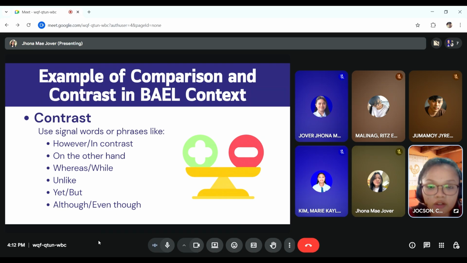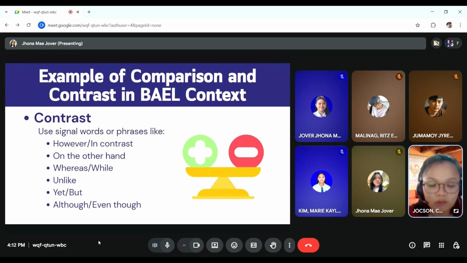So actually for both paragraphs there, it's just one example on how we are able to show the organizational method. So if you're just plainly going to write an essay with regards to the comparing and contrasting of spoken or written language, or just any other topics in the BAEL program, I mean, you can map out a certain paragraph like that with signal words that could indicate comparison or contrast.